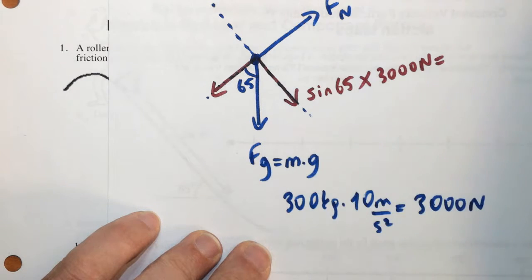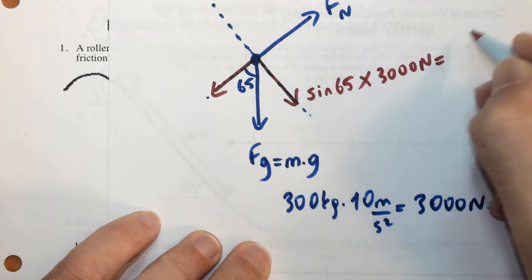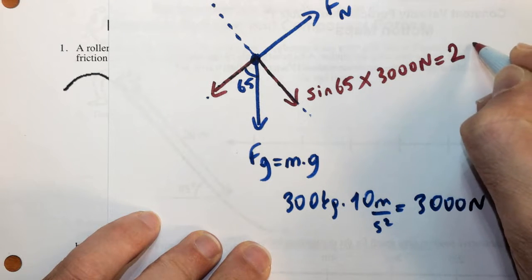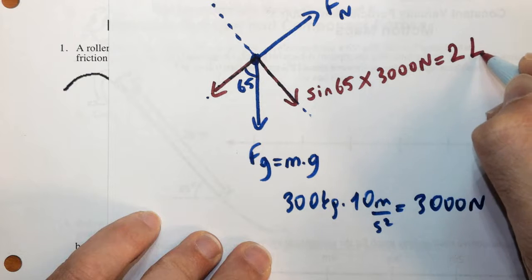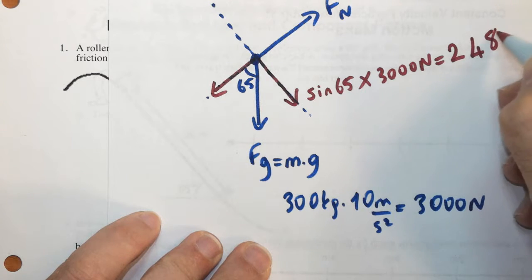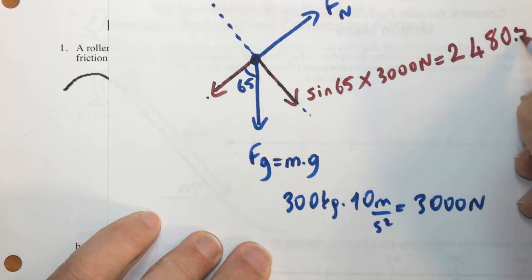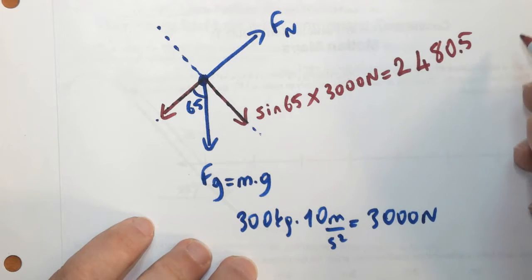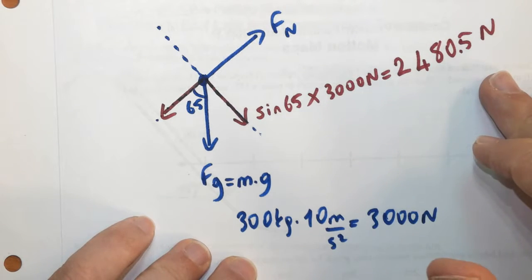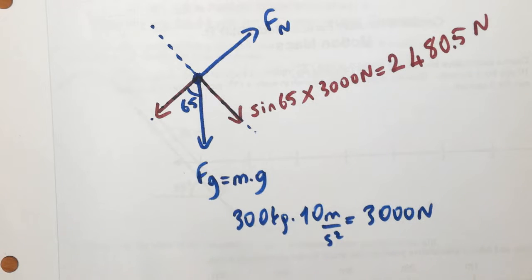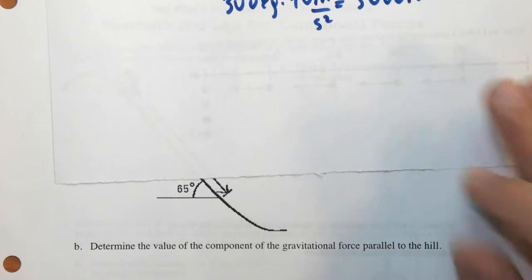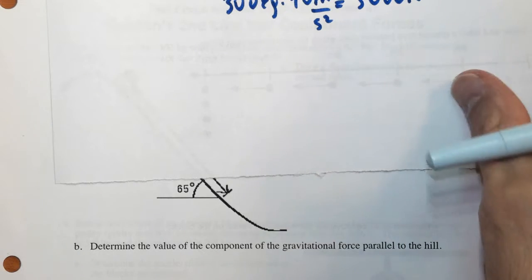That will give you 2480.5 Newton. So that is the parallel component of the gravitational force.